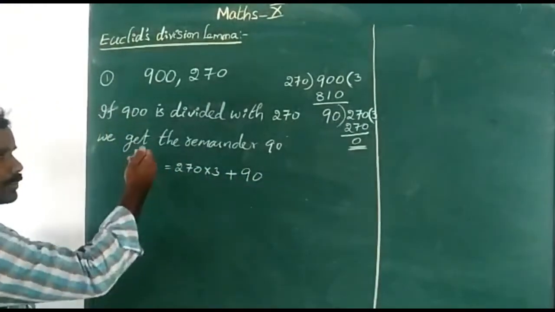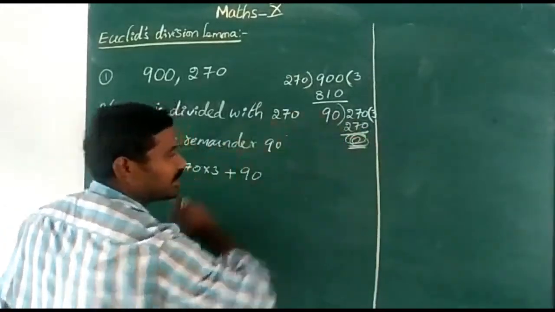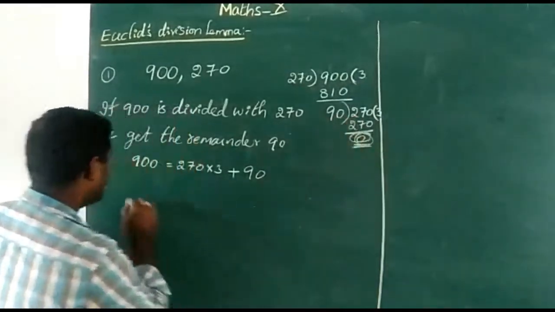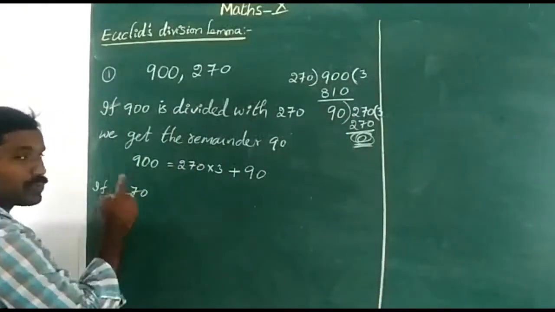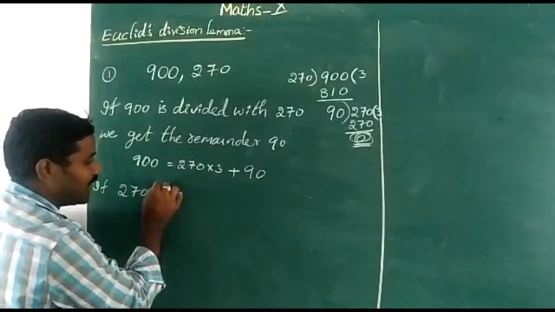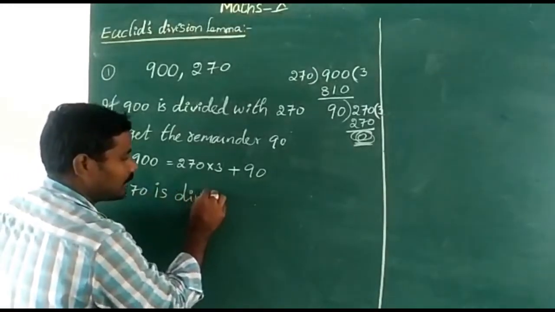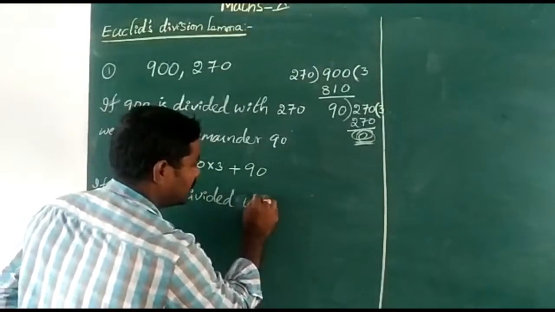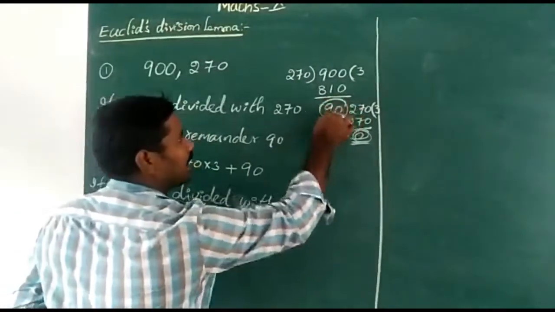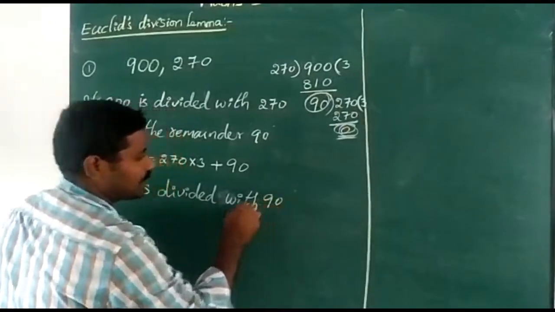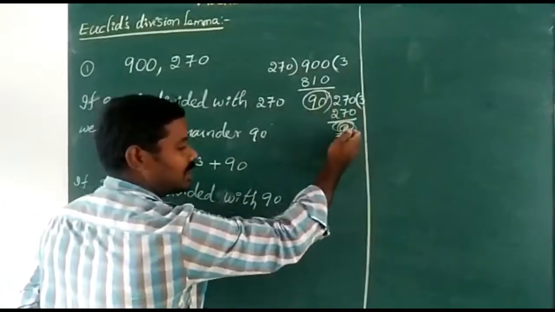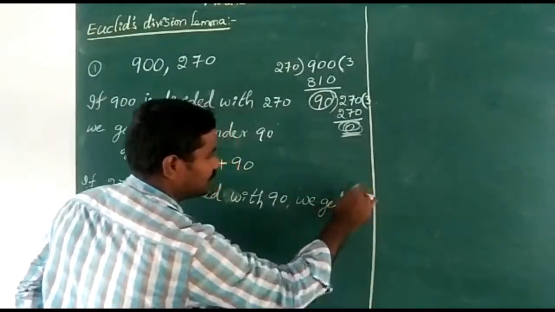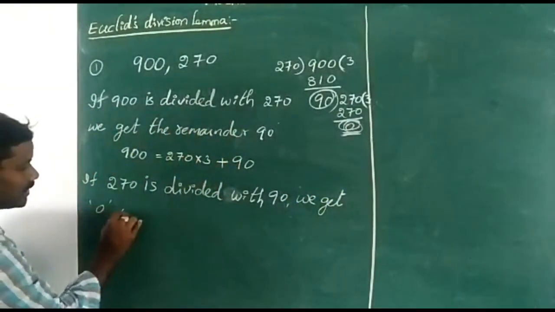Now we continue until we get 0 remainder. Now I am writing again: if 270 is divided by 90, the remainder is 0.